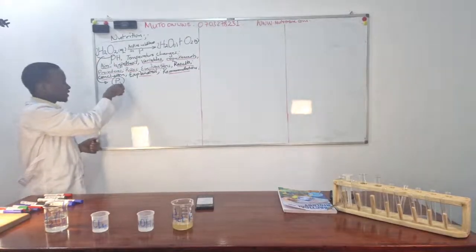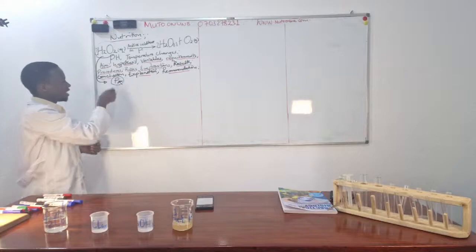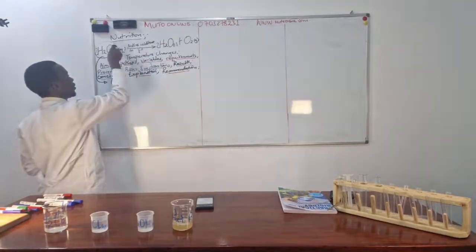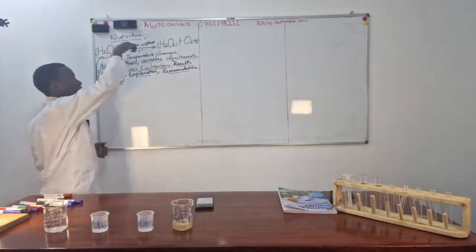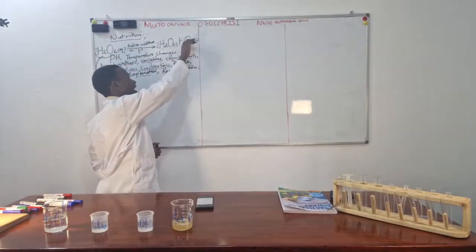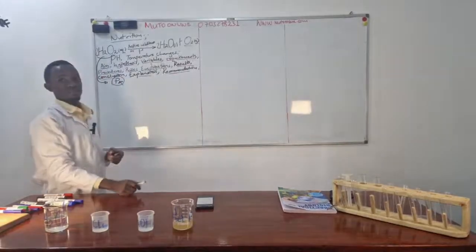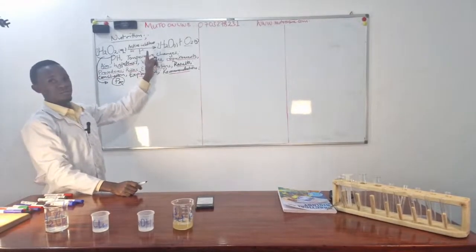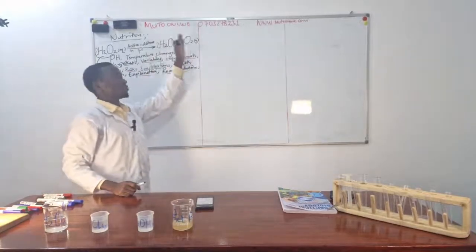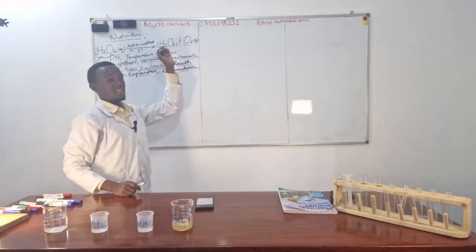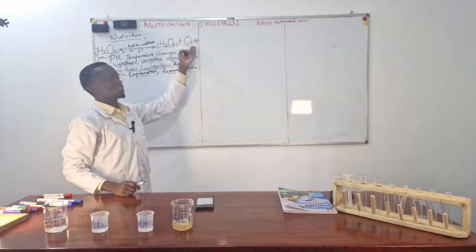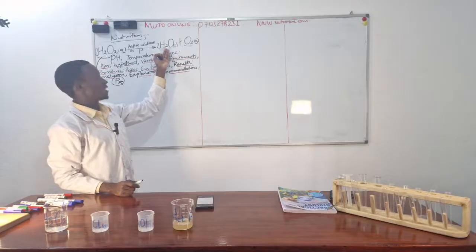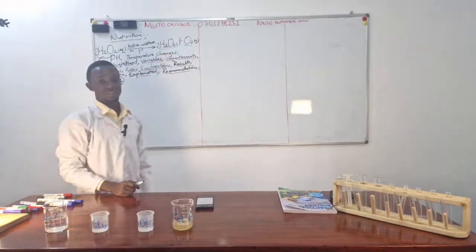The active substance in this extract P catalyzes the breakdown, or the hydrolysis, of this hydrogen peroxide to form water and oxygen gas, which I think the manager thinks are harmless to the cotton threads, and they can even easily be removed. This one escapes as a gas, and this one can easily be removed by drying the cotton.